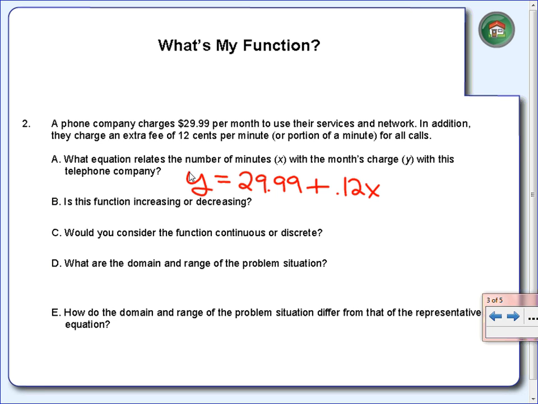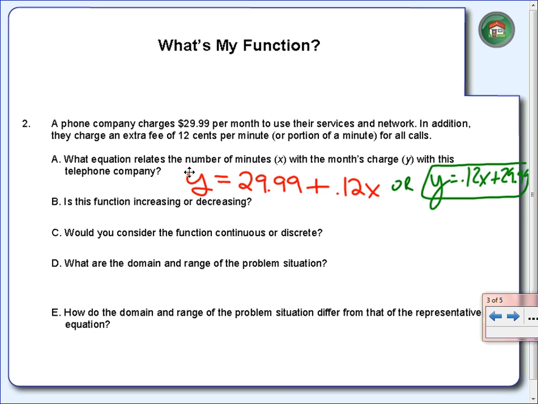Now, that is one version of the equation. We could also do this. We can have those two numbers switch places and write the equation as y equals 0.12x plus $29.99. That's the same equation, guys. So what's the difference?